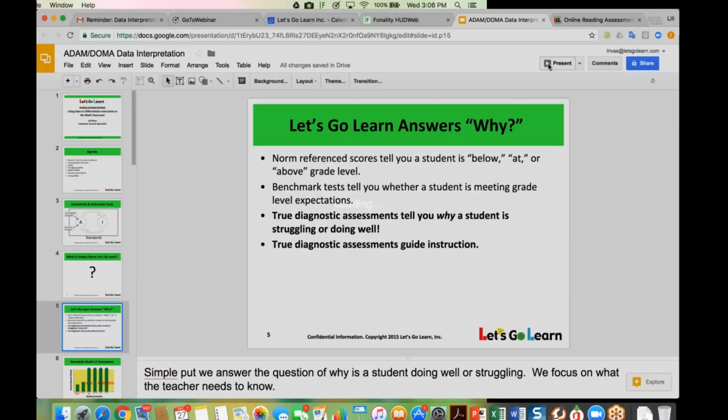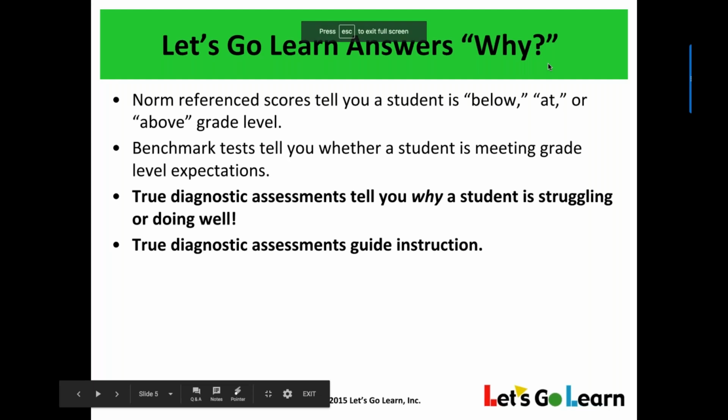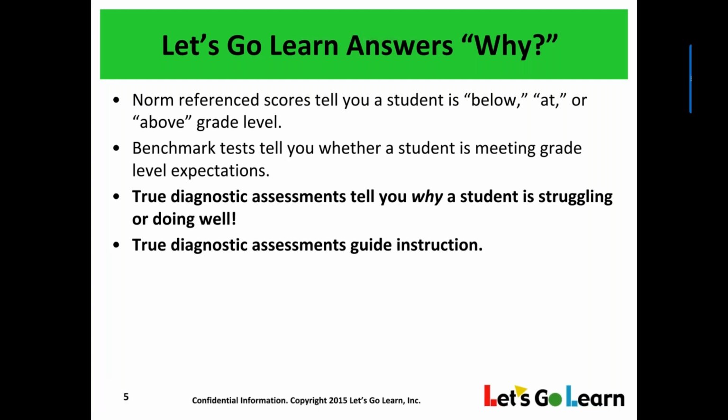That's a norm reference assessment, which basically leaves you with the information that a student is performing at, below, or above grade level, which is useful on many levels. But when a student is performing below grade level, we really have to pinpoint why the student is performing that way, or where exactly they are in the spectrum of mathematics. You math teachers would understand, or administrators would understand, that you can't teach a child how to multiply if they can't add 2 plus 2.